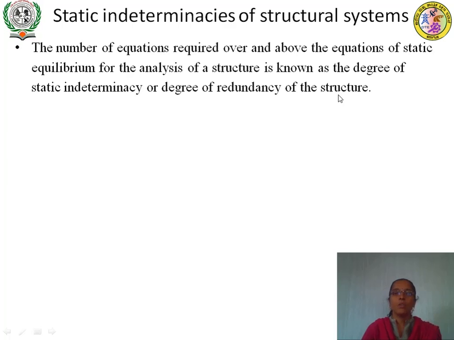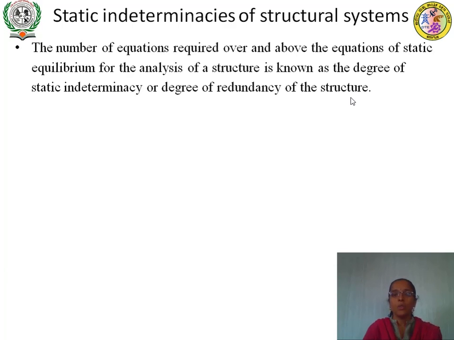We have defined the determinate structure, where the unknowns can be determined by using the available equilibrium conditions, whereas in an indeterminate structure, the unknowns cannot be determined by using the available equilibrium conditions. That means the number of unknowns will be more than the equilibrium conditions.